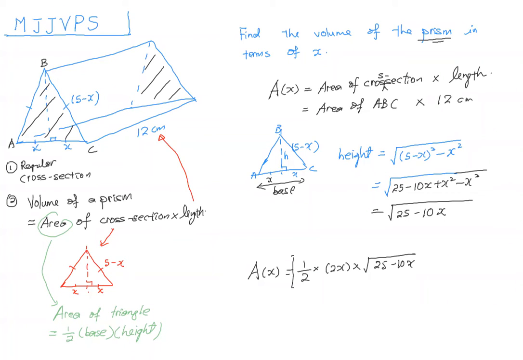This is the area of the triangle, then multiply by 12. So I have 12x times the square root of 25 minus 10x. Any issue on this?